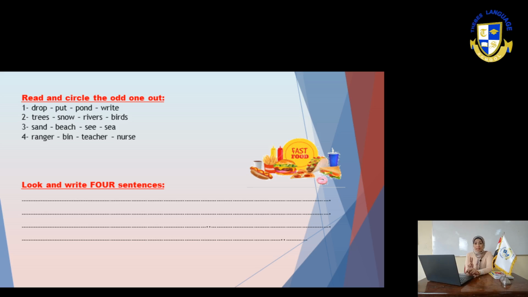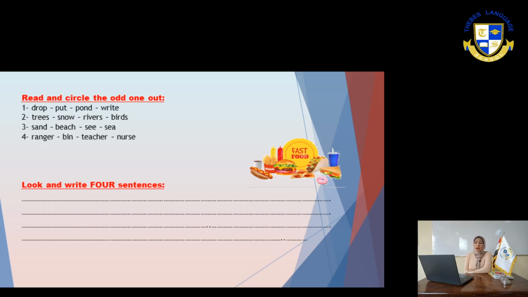See with a double E means that you can see with your eyes. But sea with the EA is the sea you go and swim in. So please differentiate between them, because you pronounce them the same, but they are two different words. This one is also a noun and see is a verb. So which one is the odd one? It's see, the verb. Yes, correct.